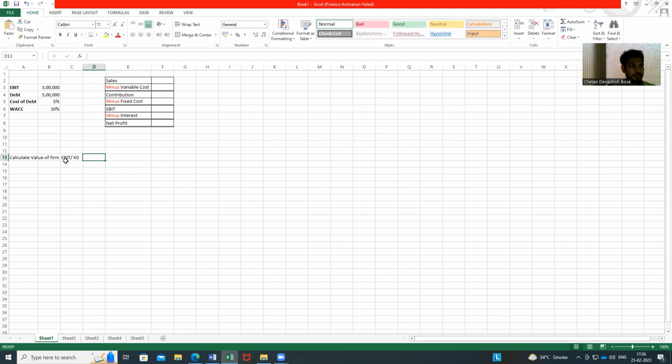So the value of firm is earning before interest and tax divided by weighted average cost of capital. Here, the weighted average cost of capital is given, which is 10%, and the earning before interest and tax is 3 lakh. So we just have to write 3 lakh divided by 10%.